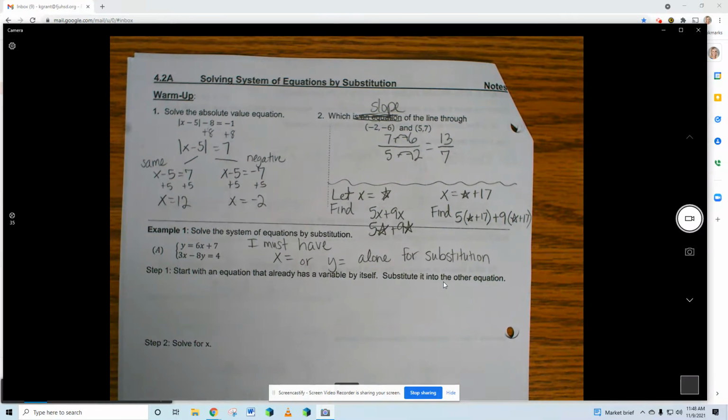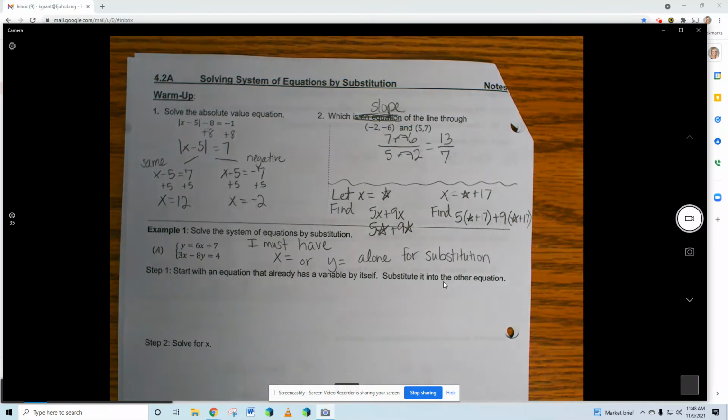Because something has to be like, the value of x is x equals. The value of y is y equals. Okay. So start with an equation that already has a variable by itself.